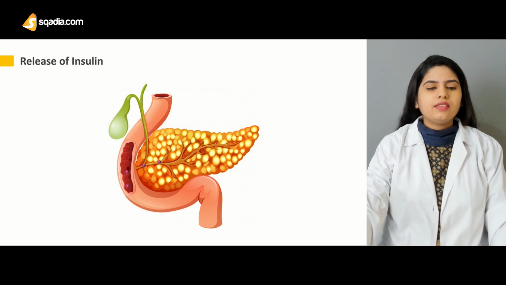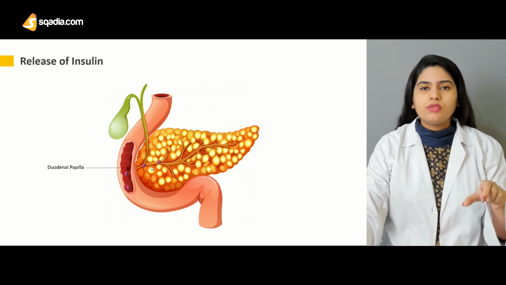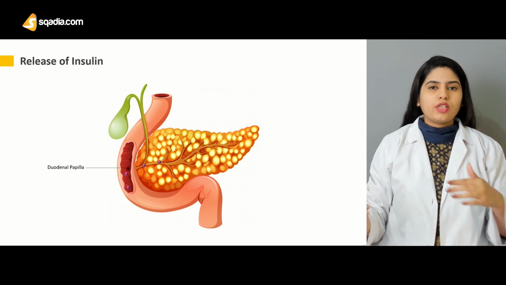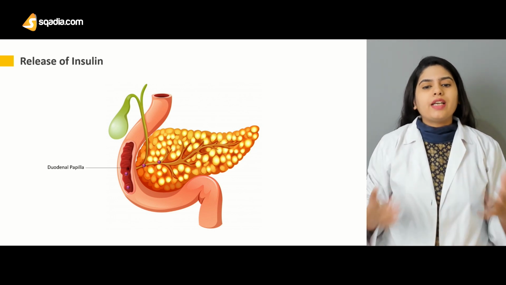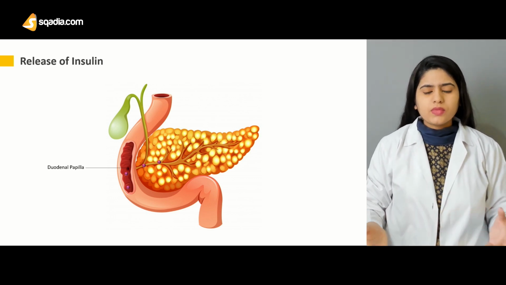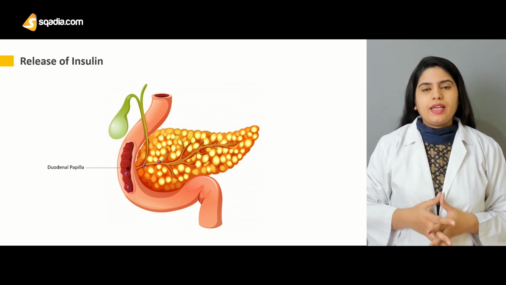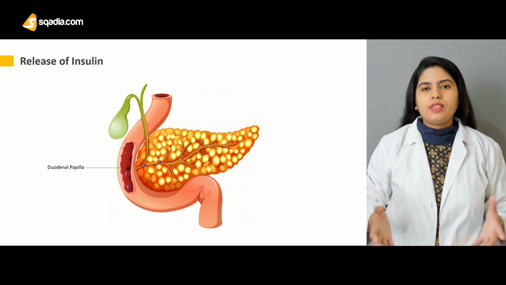So basically this is the duodenal papilla, that is the opening of the pancreatic duct into the duodenum that assists in the transfer of hormones and enzymes from the pancreas to the intestine. So that was all about the pancreas and the cells where insulin is synthesized.